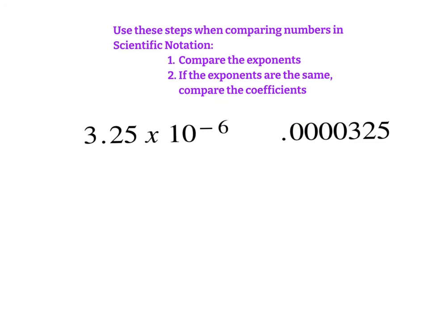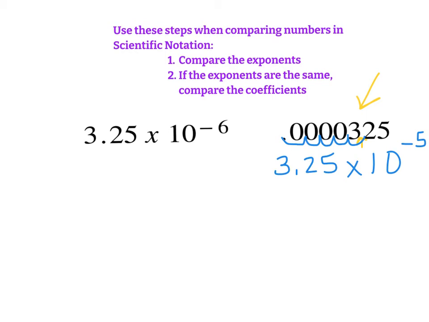Uh-oh, okay, what would we do here? Now we have a number that's in scientific notation, and we have a number that's in standard form. So if we want to compare in scientific notation, we would have to convert first. The decimal would go after the first non-zero digit, so the coefficient would be 3.25 times 10, and then we count how many moves. 1, 2, 3, 4, 5 moves, -5 because it's a small number, and we move to the right.